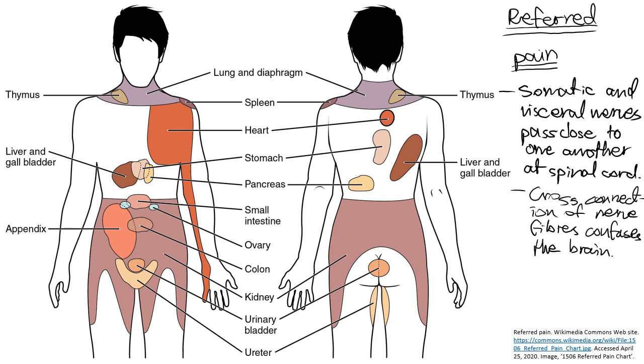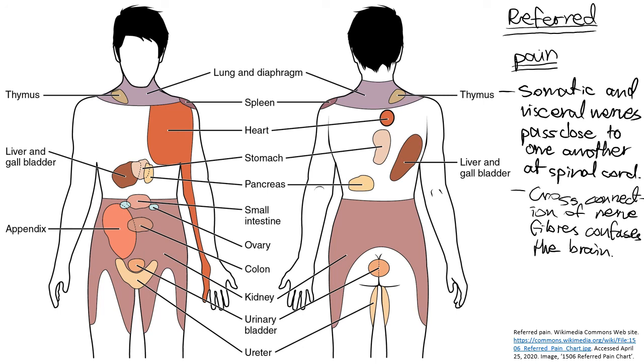So as you can see, somatic receptors from this entire area are crossing over where the visceral nerve fibers for the kidneys are crossing over within the spinal cord. And this means that there is a cross transmission of pain within those two areas.